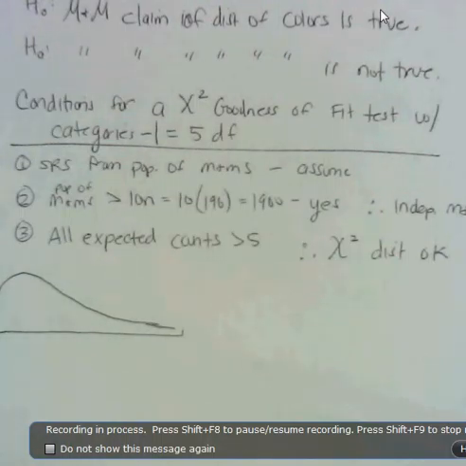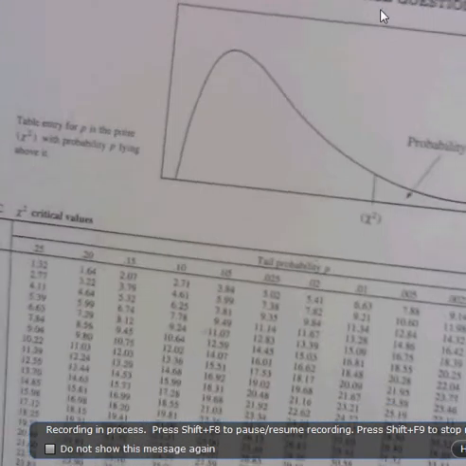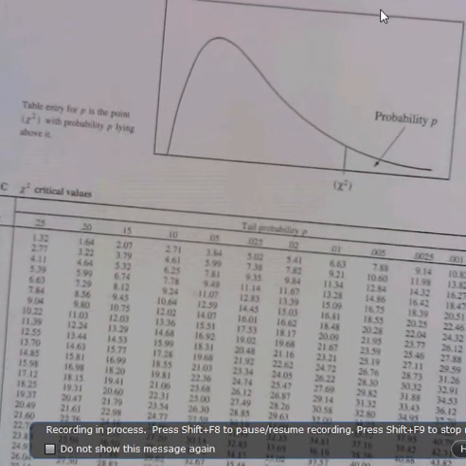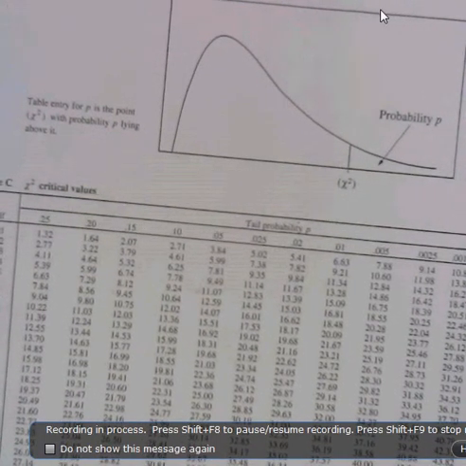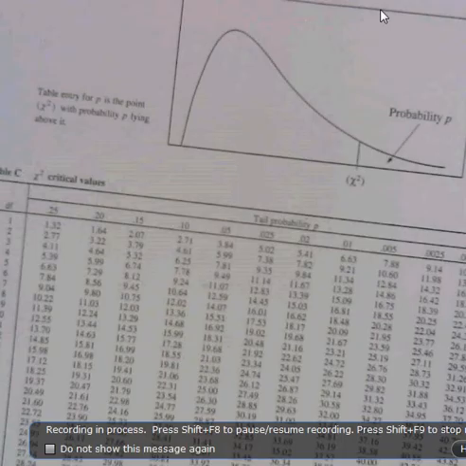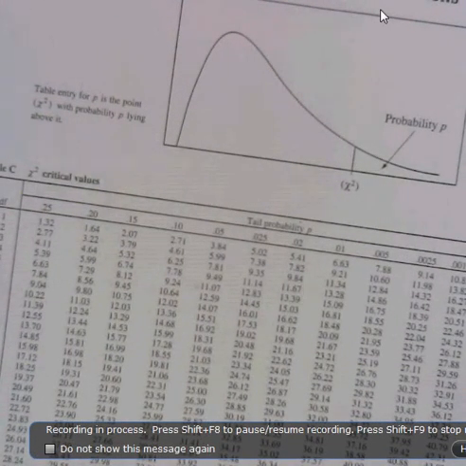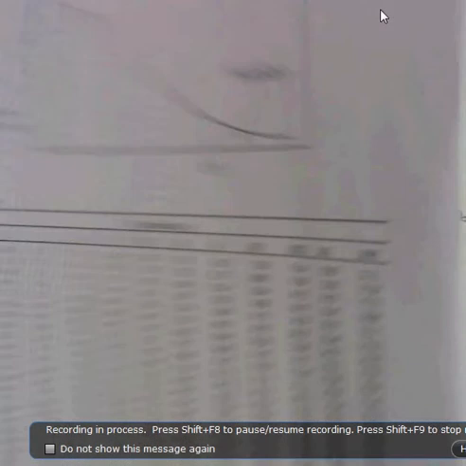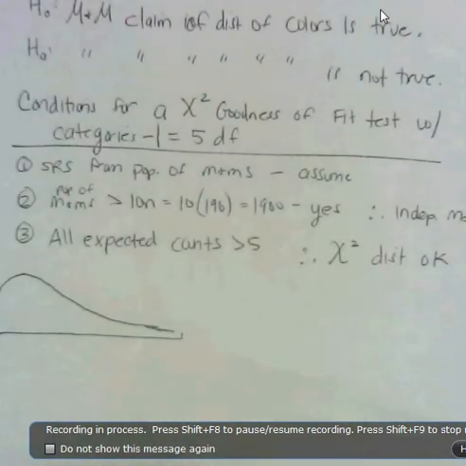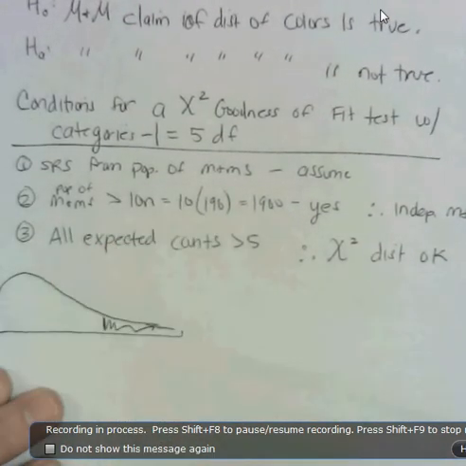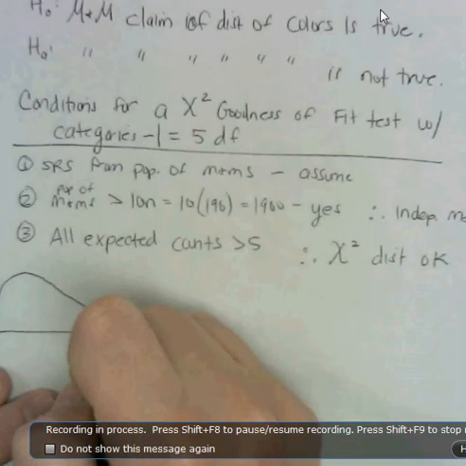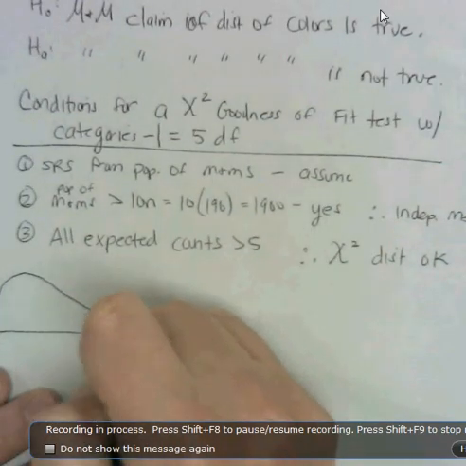If you look at your graph sheet, that's the chi-square distribution, critical values. It's always skewed to the right, because it's calculated by squaring values, so everything's going to be greater than 0. And chi-square is going to go on the curve. You're always shading to the right. So our chi-square was 14.698.